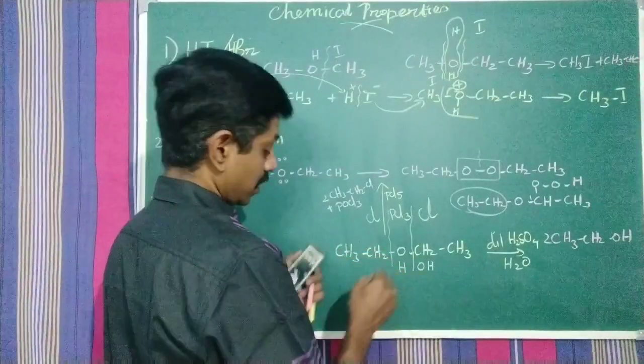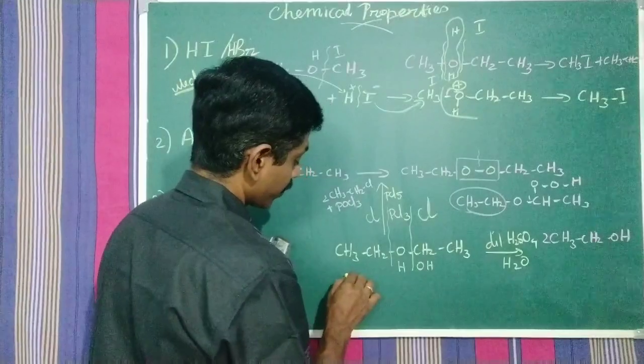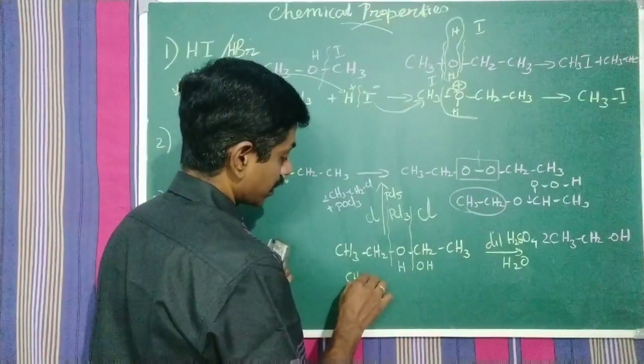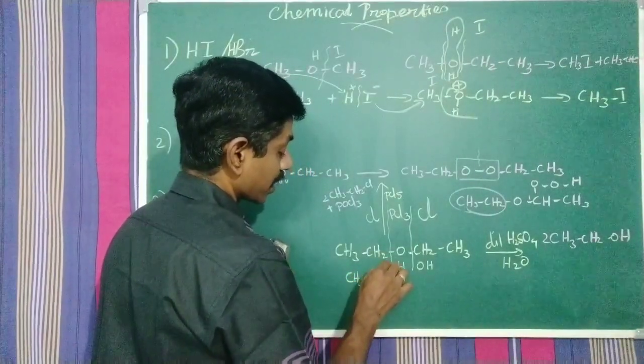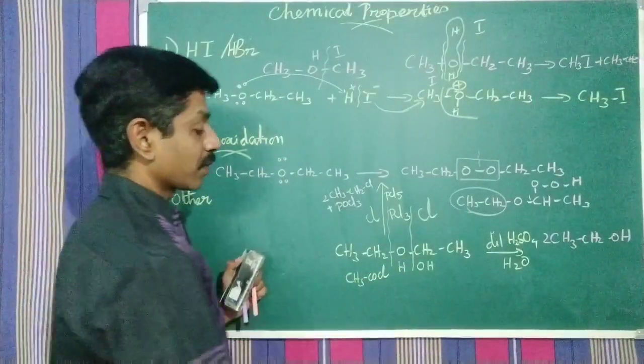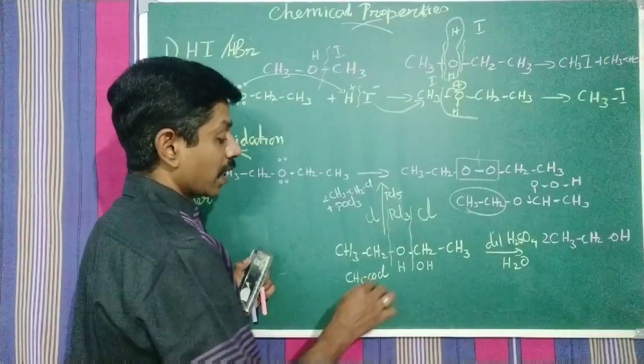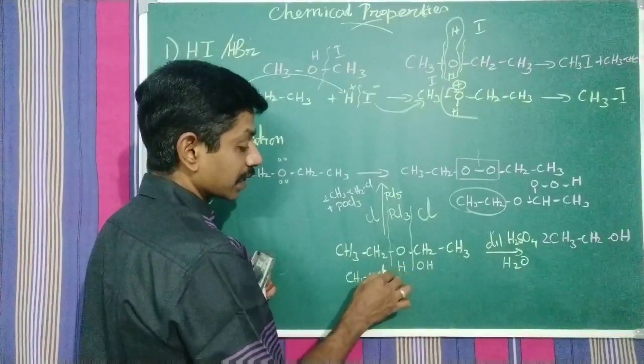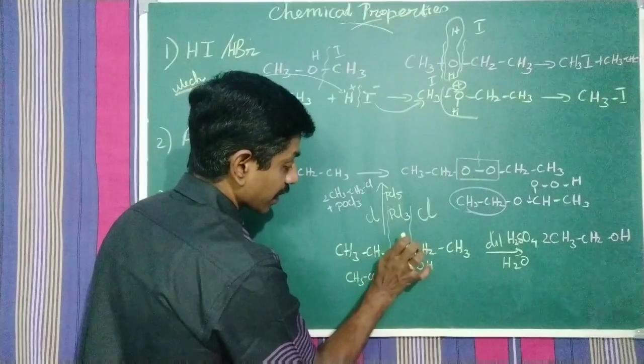In case for the same molecule, we are going for acetyl chloride, CH3COCl. In the presence of anhydrous aluminum chloride or zinc chloride, and this diethyl ether, the molecule I can write this way.